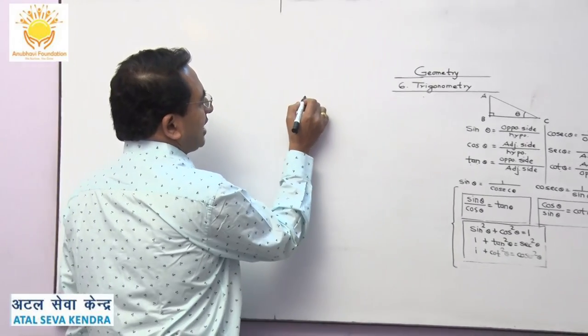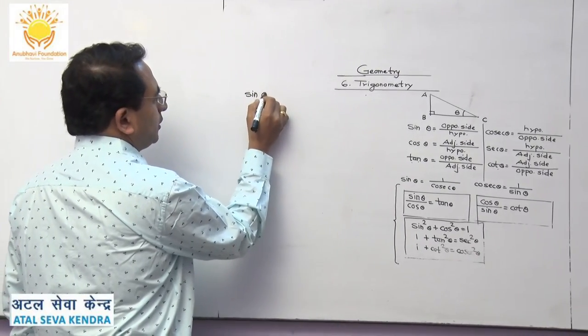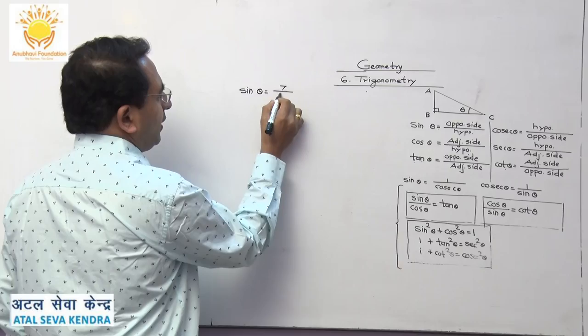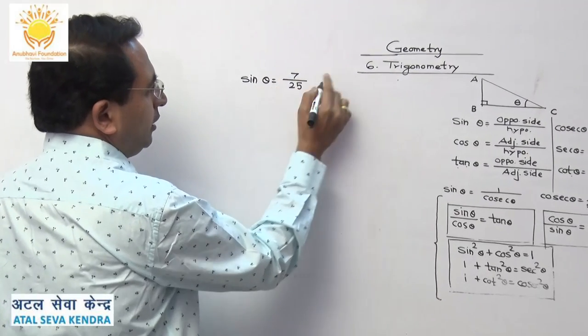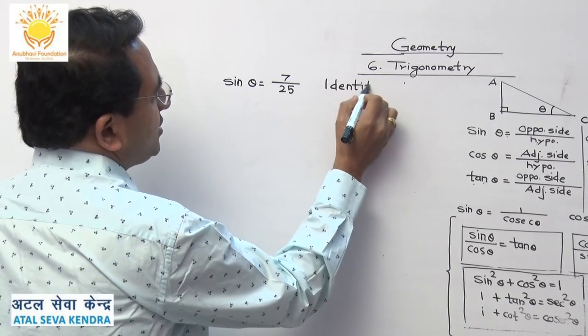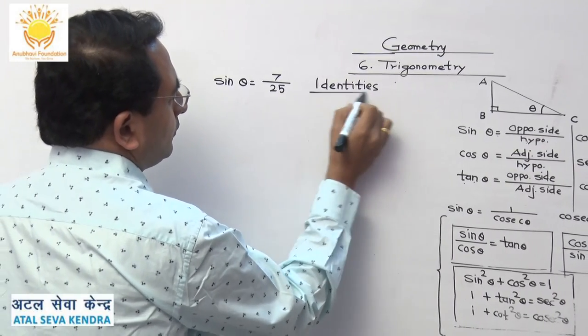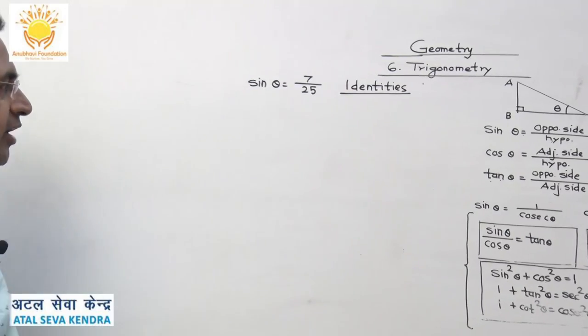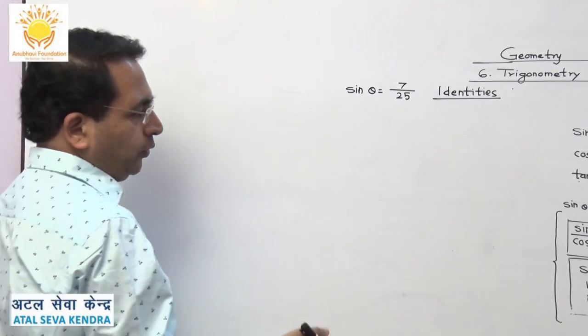See, we will try to solve the same sum. Sine of theta is equal to 7 upon 25 by using identities. That means we are supposed to make use of certain formulae, whatever you know.